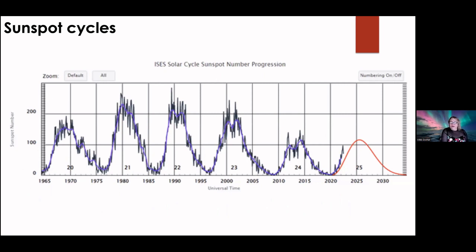We will see what happens to the coming sunspot cycle, if it starts to come back up or not, but this is the prediction. So we are in 2023. This graph was made probably in 2022 and a half. So as you see, since 1980, 1990, the number of sunspots visible on the sun is decreasing.